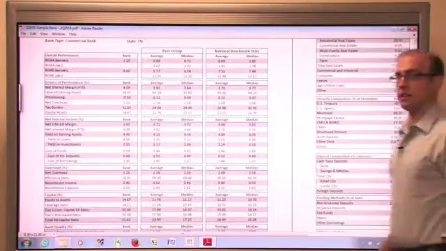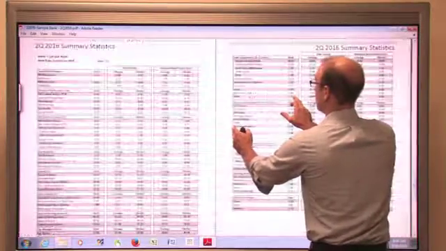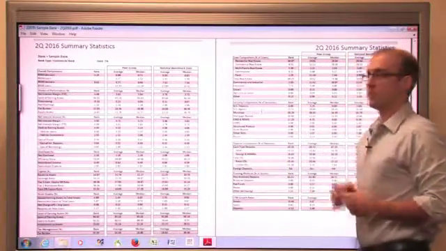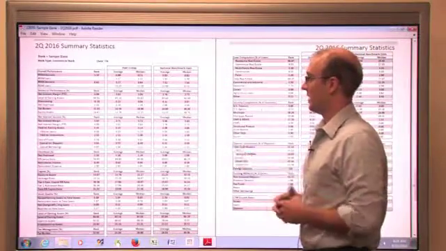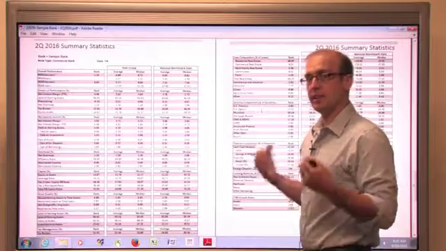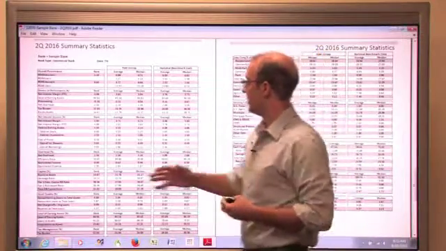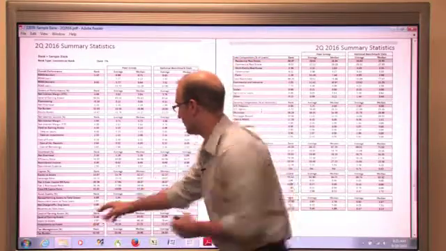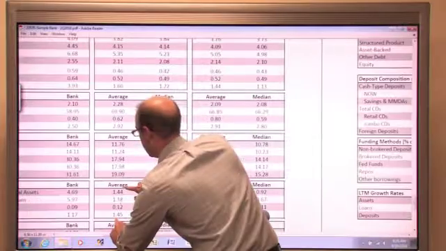So we were talking about that non-current loan number earlier. These two pages here, we'll zoom out so you can see them both together, are our summary statistics pages. Great little cheat sheet if you really want to see where your ratio lies in comparison to your peer or benchmark group. So in this case, let's find non-current loans. That's down here. Hopefully we can zoom in pretty good here.